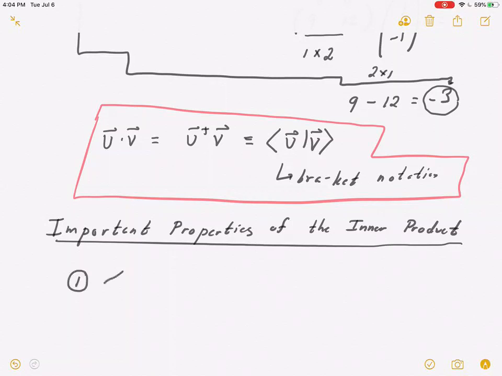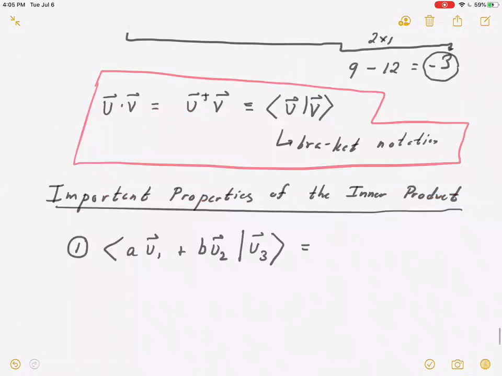So suppose I have three vectors, u1, u2, u3, and I want to evaluate this inner product. This thing looks very complicated.